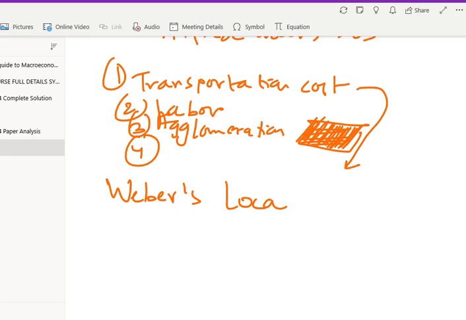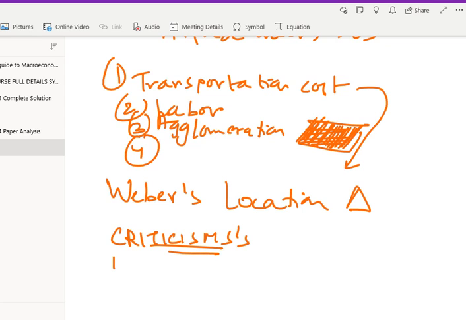Weber's location triangle. Okay, to visualize the theory, Weber introduced a geometric model which represents the relationship between the raw material source, the market, and the production site. Now there are criticisms also. Every theory has some criticisms. First, you have simplification of factors.